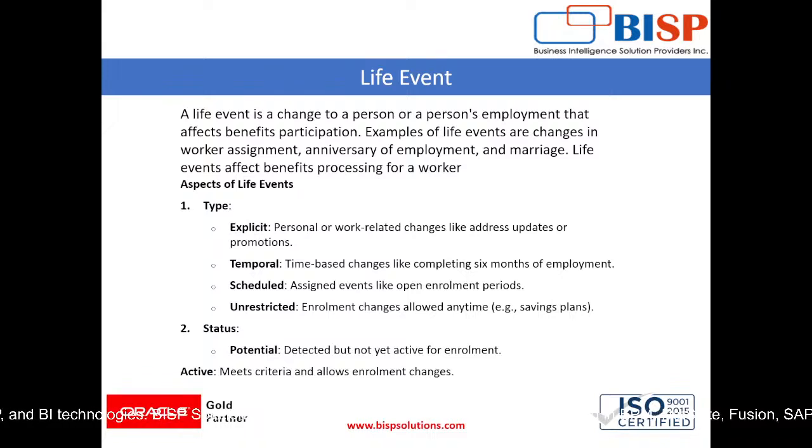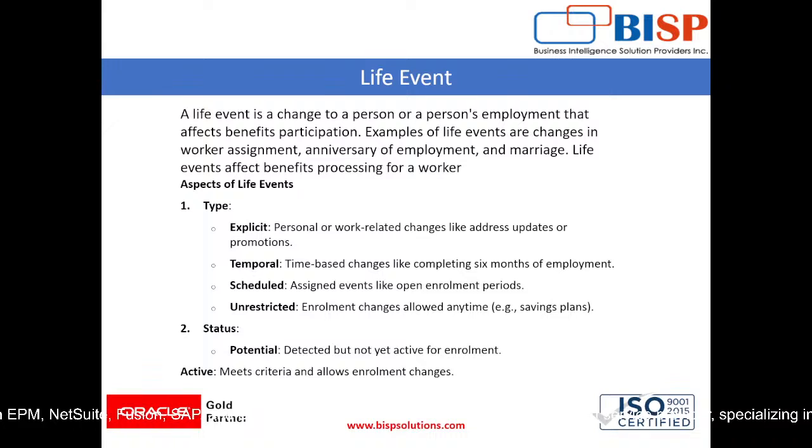So what is explicit? If there are any personal or work related changes, like address change, address update or promotion, that will be your explicit life event. Then there is temporal, which is time based, for some specific time period, like completing 6 months of employment. After that, you can get the benefit.